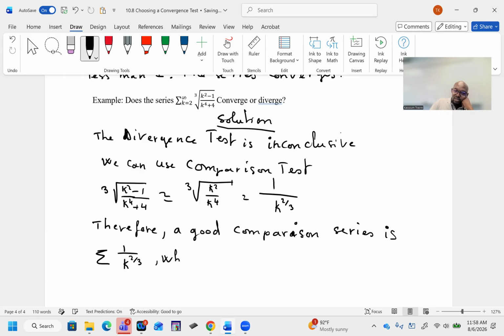And you know this is a divergent p-series because p is less than 1.